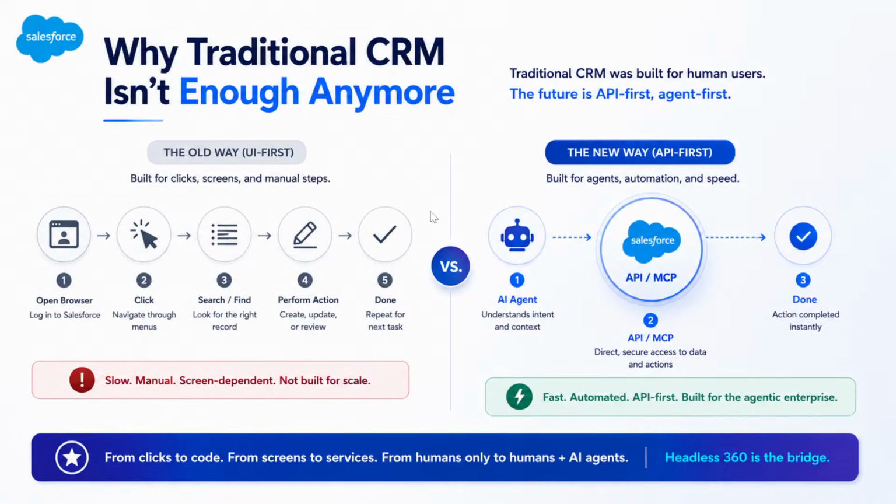The traditional CRM used to be very, very different. Traditionally, CRM used to be for sales or customer support reps to open a browser, then click on certain things, search and find things, perform actions, and all that stuff. So that's how things used to happen traditionally, right?